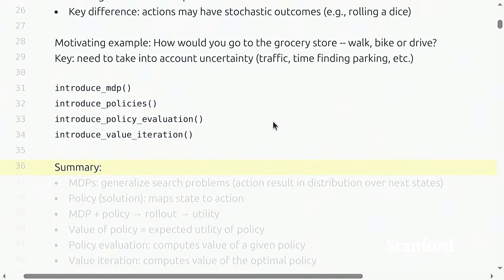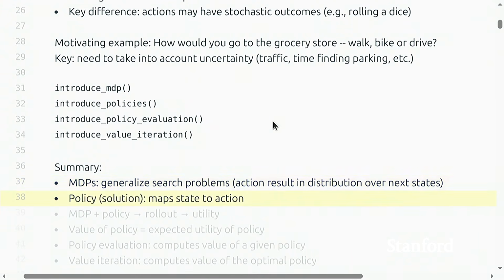Okay, to summarize this lecture, Markov decision processes generalize search problems because actions can now result in a distribution over next states as opposed to just a single next state. The solution to an MDP cannot be a sequence of actions. It has to be a policy that maps each state to a given action.